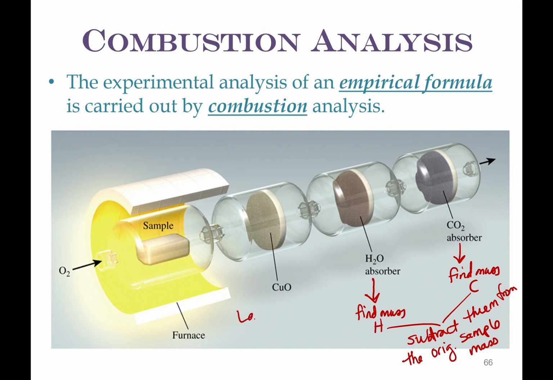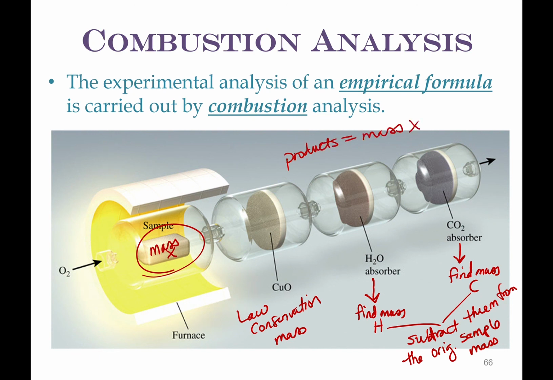Because the law of conservation of mass says that if I have an original sample with a certain mass, if it has mass X, my products must also equal mass X, because mass can't be created nor destroyed.